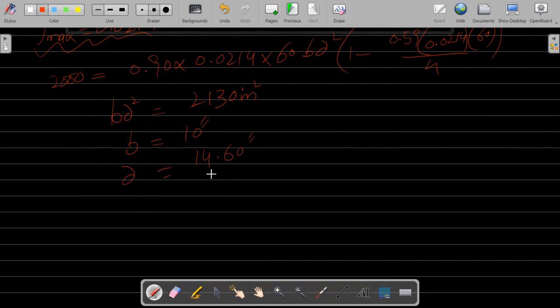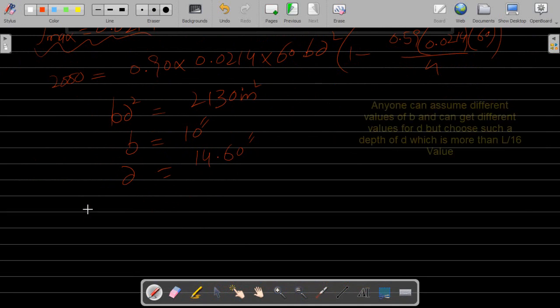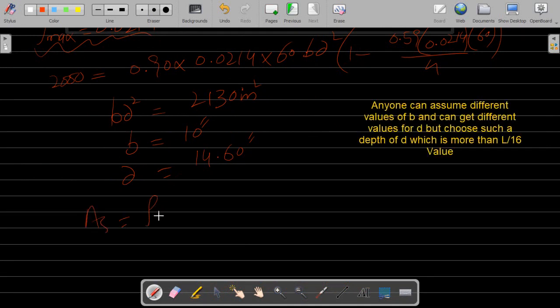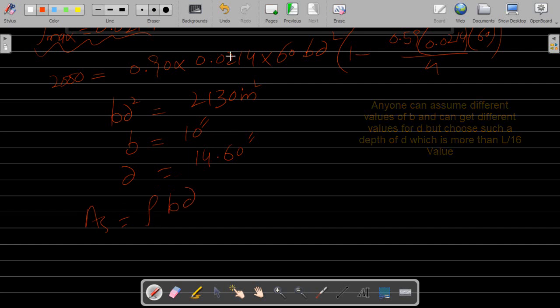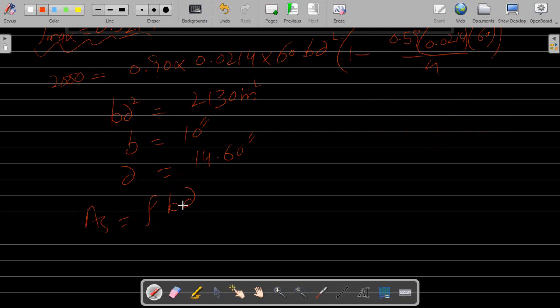So from this the D value will be 14.60 inches. Now the area of steel will be rho times BD. We know the rho value, that is 0.0214, B value 10 inches, D value is 14.60, and from this we will calculate our area of steel, which is 3.12 square inches.